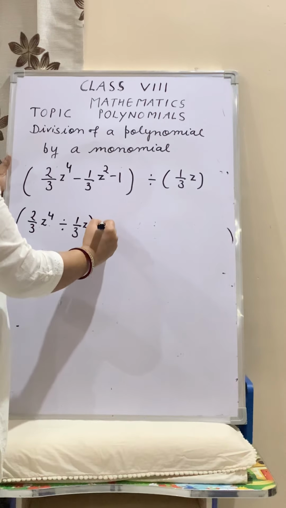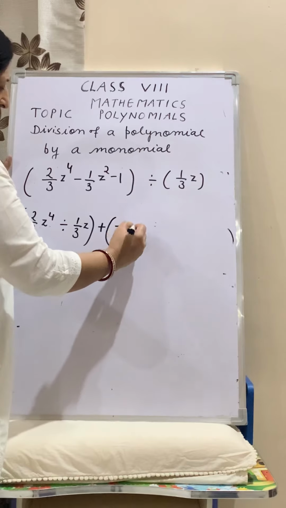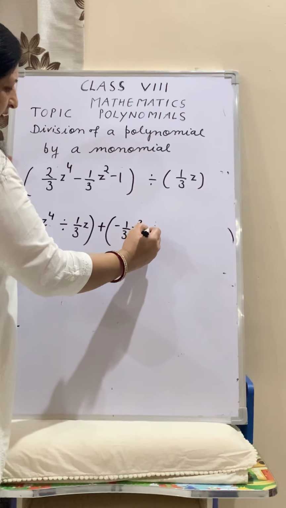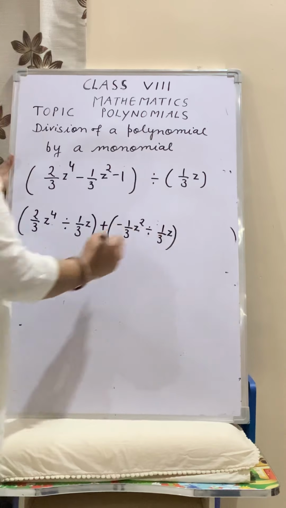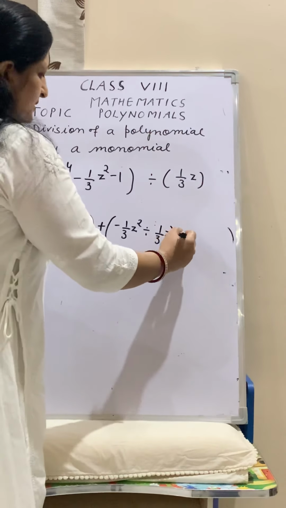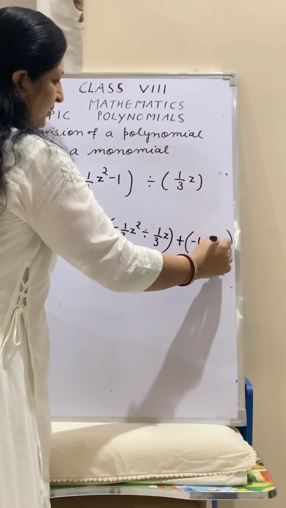Now we will put a plus sign here. Minus 1 by 3 z raised to power 2 divided by 1 by 3z, plus minus 1 divided by 1 by 3z.